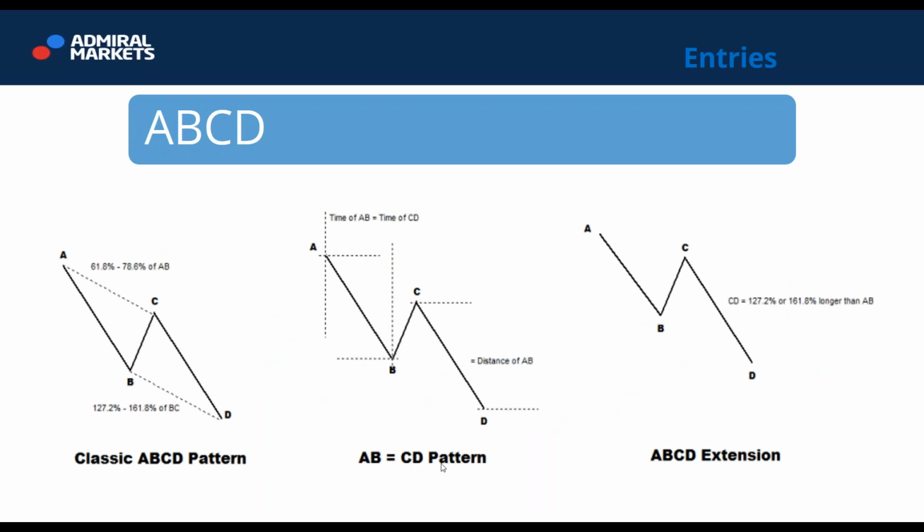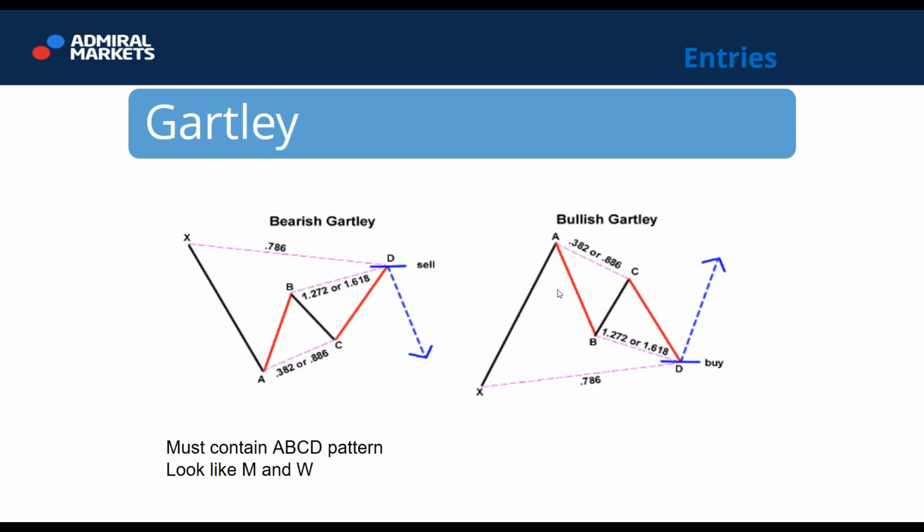Also, if AB equals CD, we can determine the pattern to be valid. Extension ABCDs I don't particularly use a lot in price action school and within the concept of the analysis.